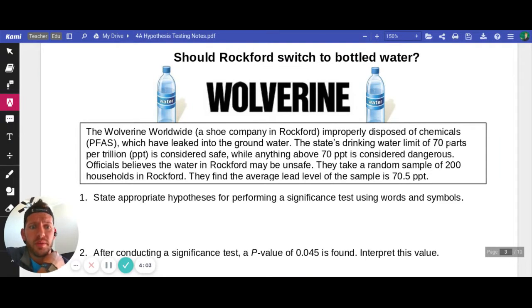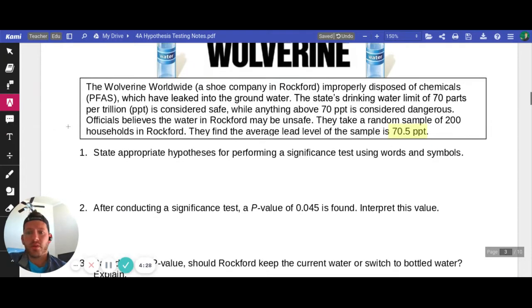The state's drinking water limit of 70 parts per trillion, or PPT, is considered safe. Anything above that is considered dangerous. So officials believe the water in Rockford may be unsafe. They take a random sample of 200 households in Rockford, and they found the average lead level of the sample is 70.5 parts per trillion, which is kind of close. So we're going to figure out if that's meaningfully close or not.